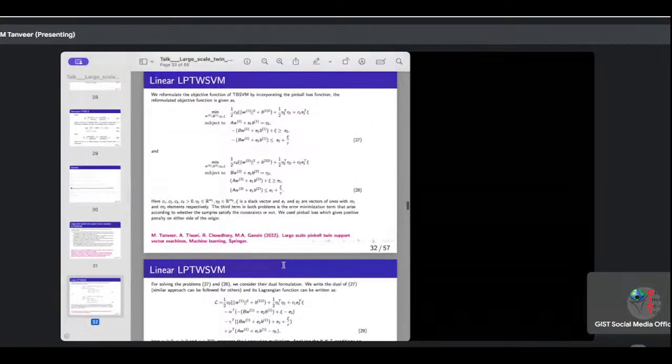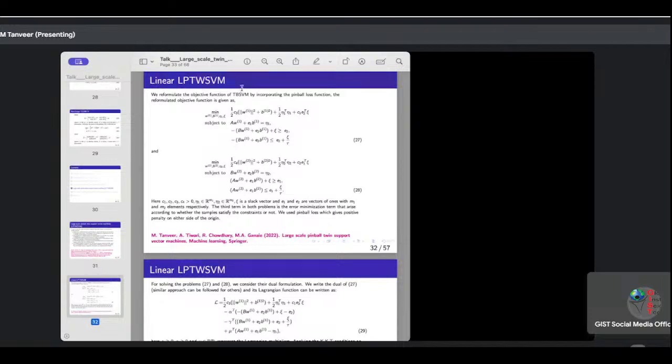This is the formulation, where we have the equality constraints and we are imposing pinball loss functions. If you look at the second, inequality constraints here, if tau goes towards 0, essentially the last constraint of both problems reduces to xi greater than or equal to 0.